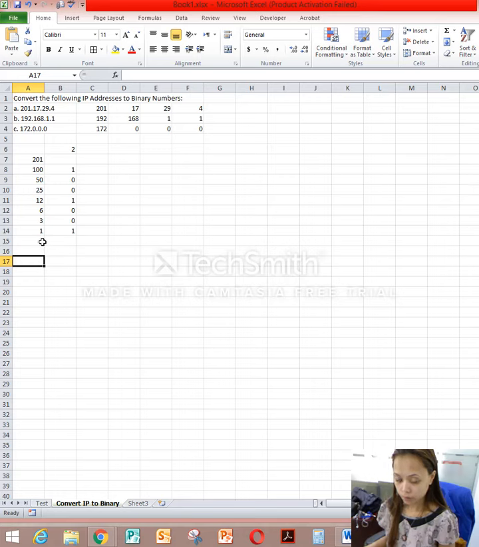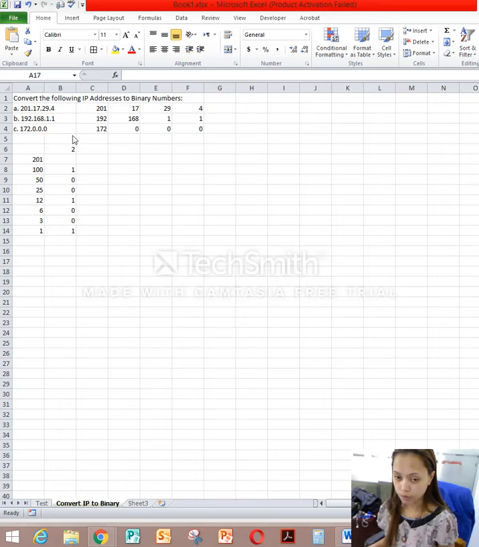In this part, as you can see, both of them are equally 1 because we have finished and the value has come to 1. We have to do this one first so we can find out what is the binary for the IP address.